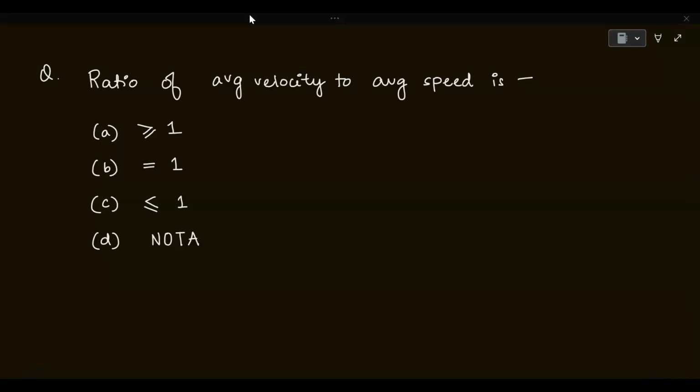C. Okay. Tell me why you feel like it's C. Let's interact. Because displacement can be less than distance traveled, but not greater. But it's not just less than, right? It's less than or equal to.